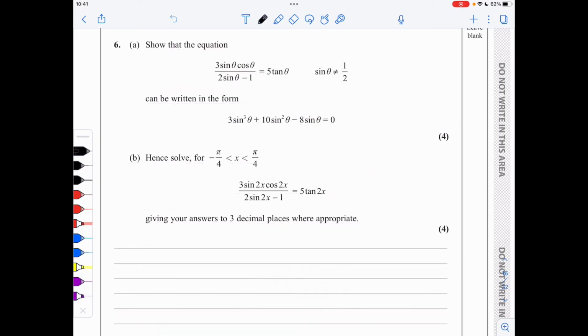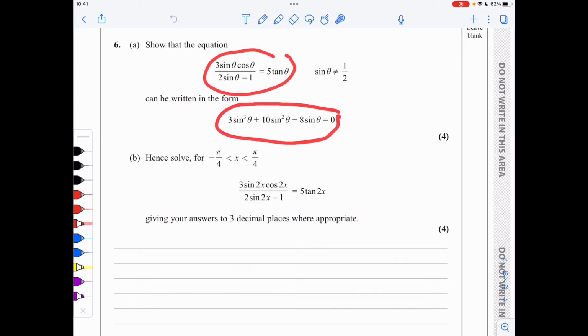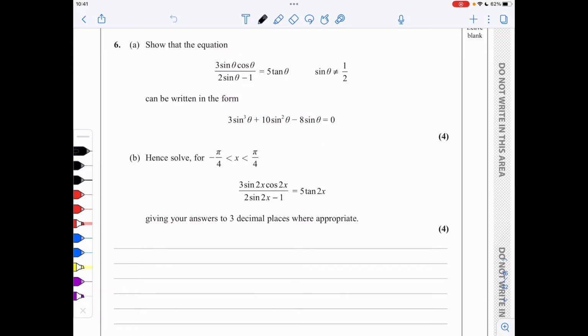In question 6, we need to show that this equation can be written in this form, a cubic in terms of sine theta. So I will start by writing exactly what I have been given: 3 sine theta cos theta over (2 sine theta minus 1) is equal to 5 tan theta.